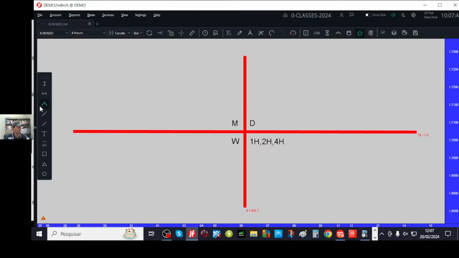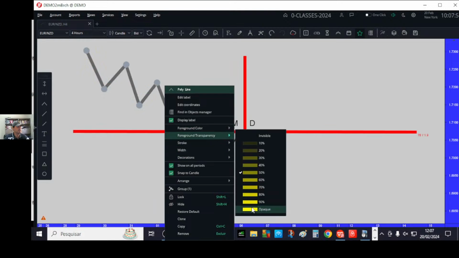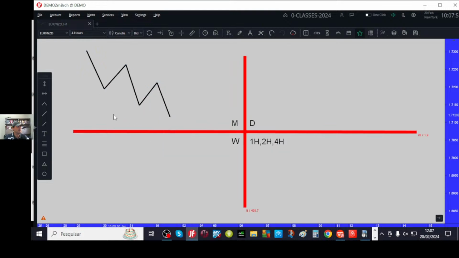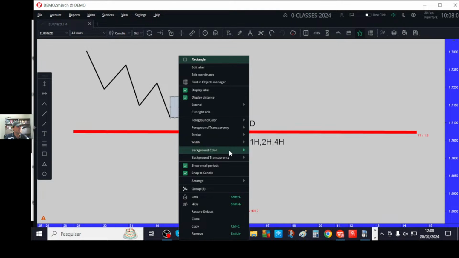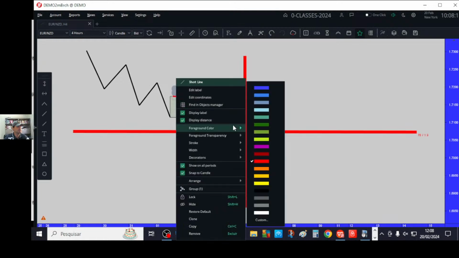All right. So, what if your daily chart, monthly chart is in a downtrend? Just an example. Let's do like this and like this and like this, and then you have a bullish candle, green, and you have a small tail up in here.